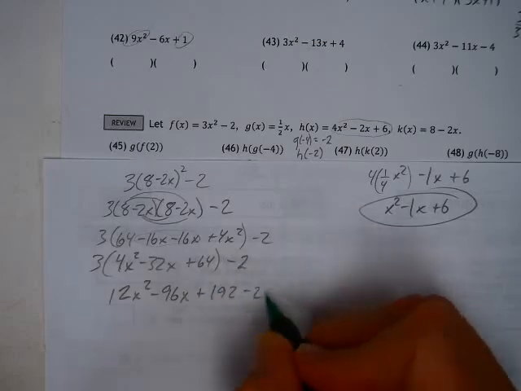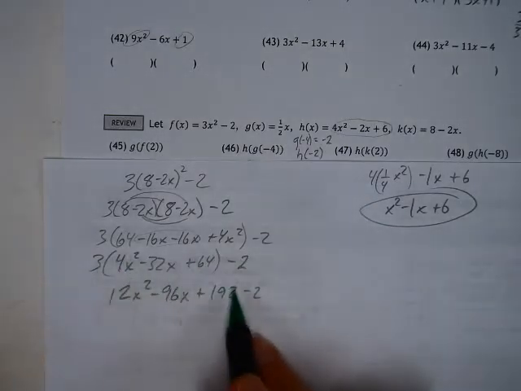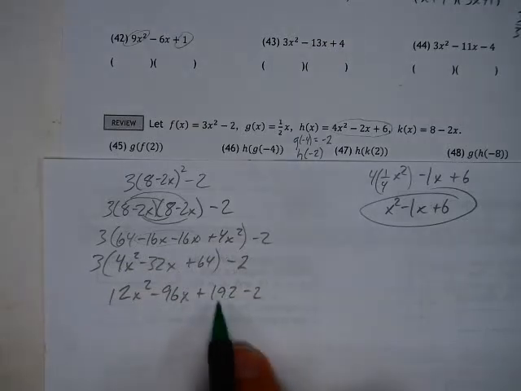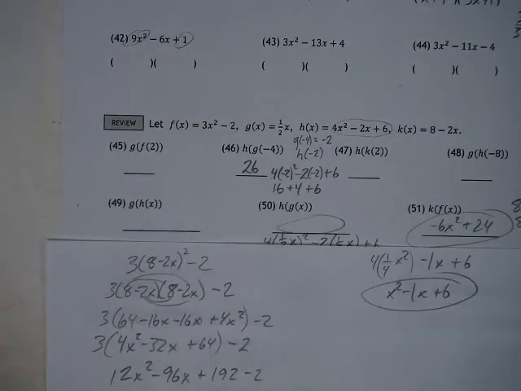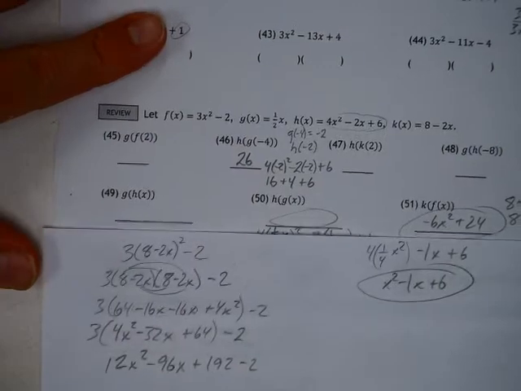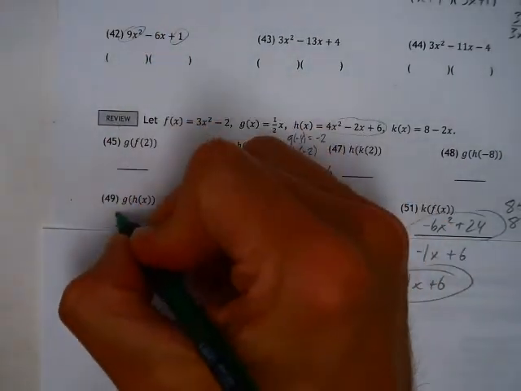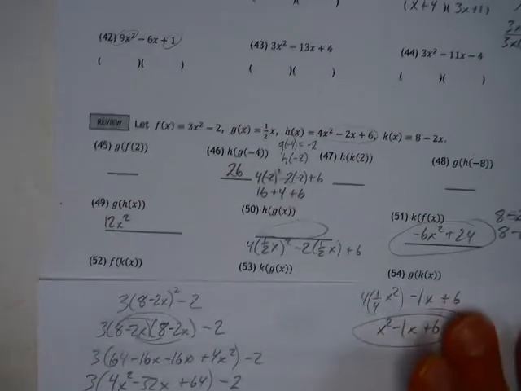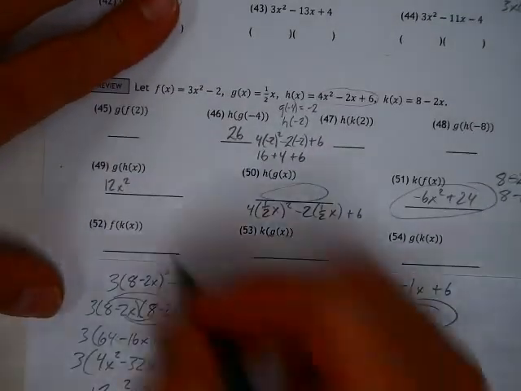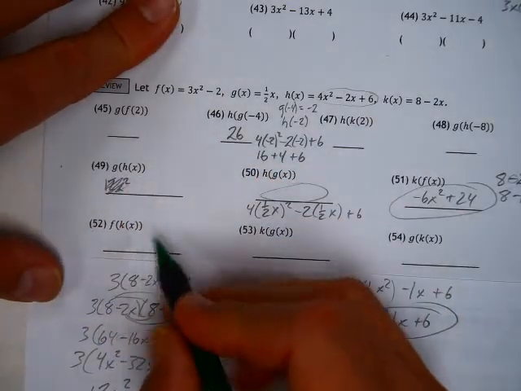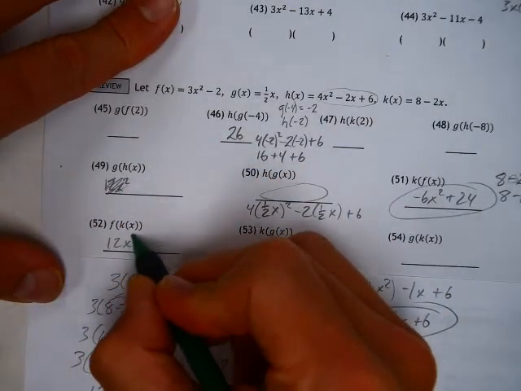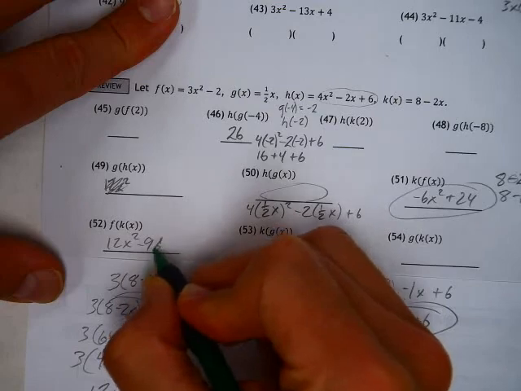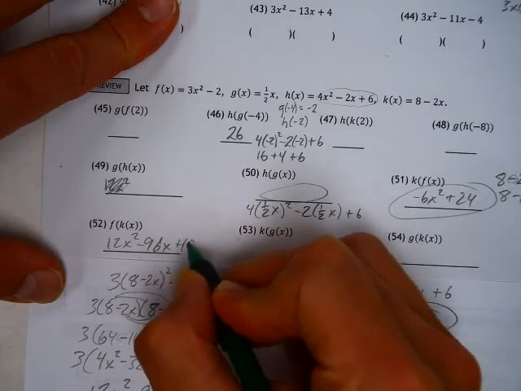But we got to minus the 2. So I distributed the 3 to each of those. These are the numbers I got. Subtract the 2. The final answer that I'm going to have here then is 12x squared. Is that the right one that I just did there? No, there it is. Sorry. Just kidding. This is going to be 12x squared minus 96x and then plus 190.